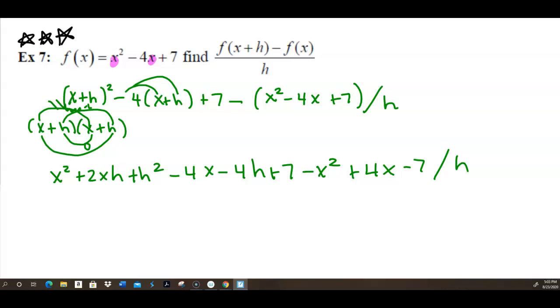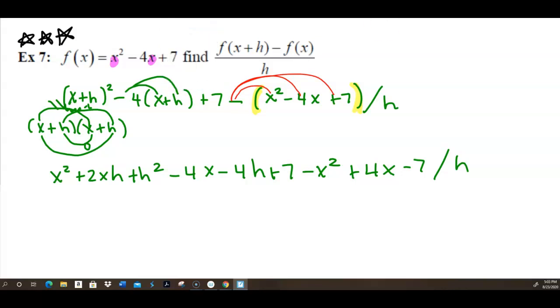And this is the number one mistake I see, is this negative has to get distributed through the parentheses. And so if you forgot the parentheses, then that's going to be a big problem. So these parentheses right here were really important so that we would distribute that negative through the entire thing.